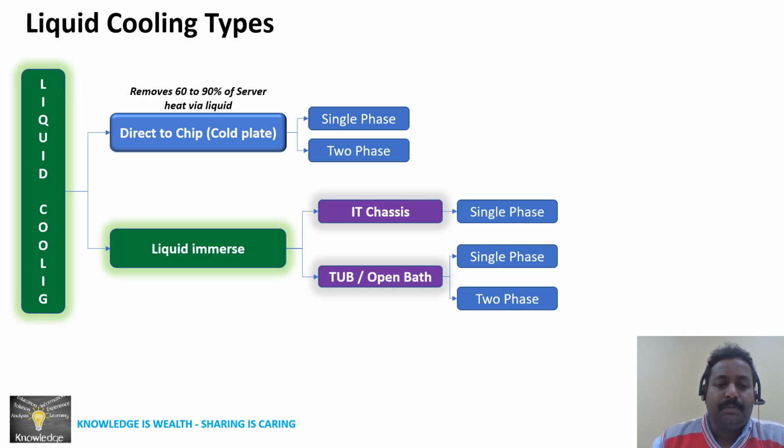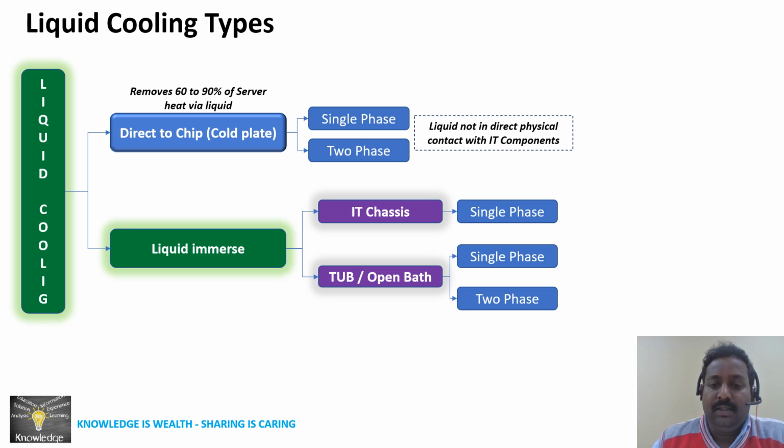In the direct to chip method, we can remove up to 60 to 90% of server heat load via liquid. The additional PAC setup we have is also required, because it only partially removes the heat load from the servers, so the rest has to be taken care of by the normal HVAC setup. In this method, the liquid is not in direct physical contact with the IT component; the cold plate is located on top of the IT servers.